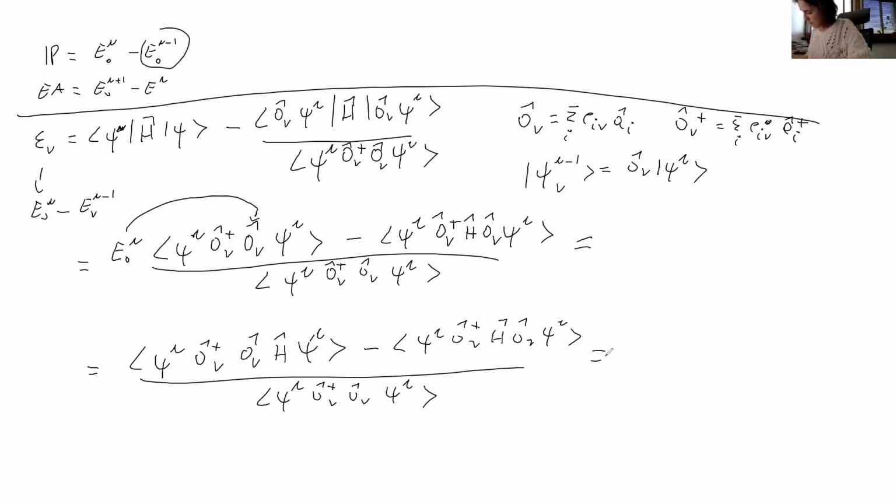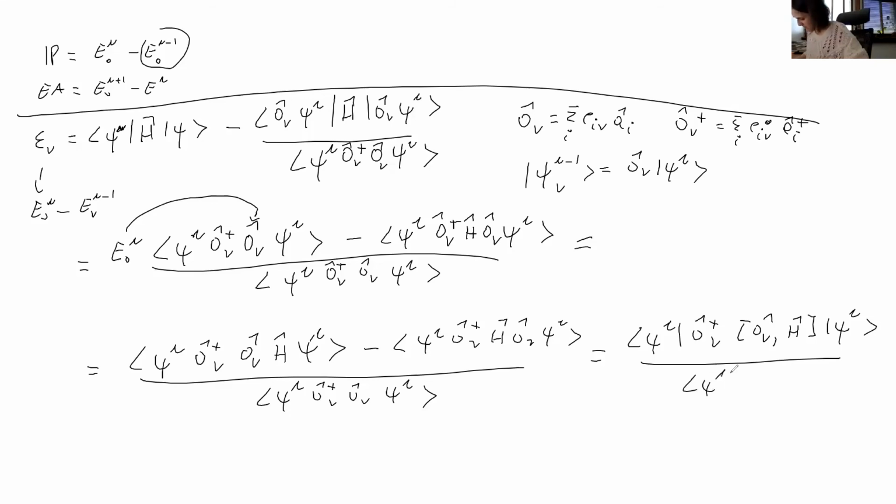Okay, so the first part, excuse me, the numerator can be written in this way, and then the commutator between the operator O and H. So I have my energy expressed in this way.